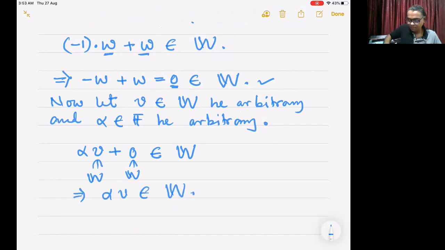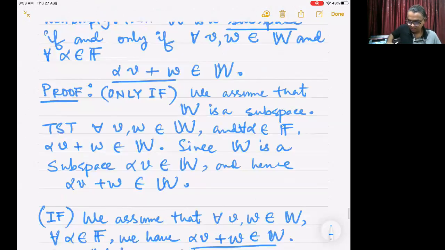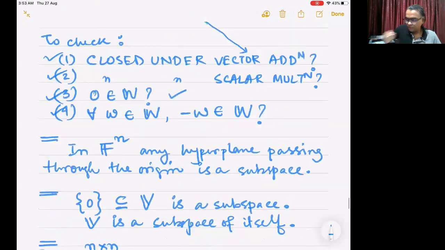This means I have checked that W is closed under scalar multiplication. I have taken an arbitrary V and multiplied it by arbitrary alpha, and that is there in W, right? So property number 2 and property number 3, both are satisfied.